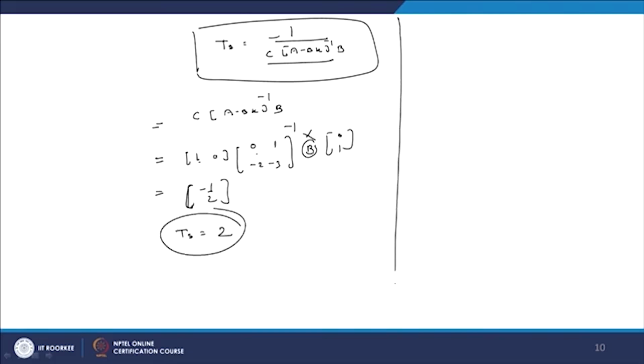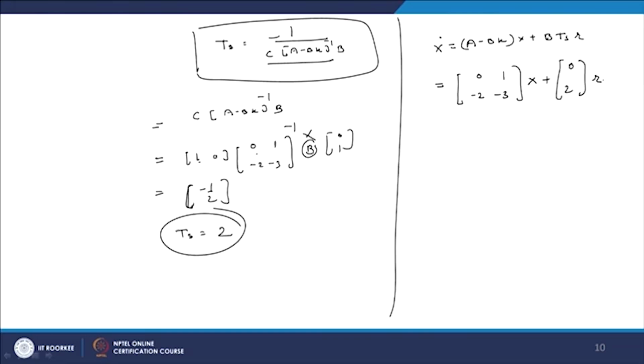So for the problem we have taken, we have an additional parameter Ts, and now our equation is x dot equal to (A minus BK) x plus B Ts into r. Here A minus BK is [0 1; minus 2 minus 3] x plus B is [0 1], and because Ts is 2, we can write [0 2] into r.